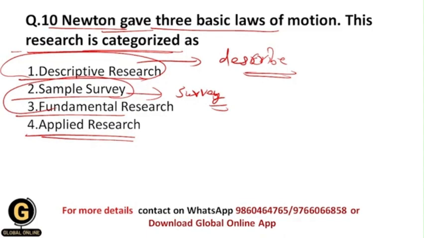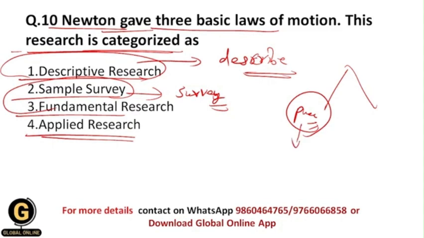So students, thank you for watching this session. I hope all of you understood whatever I have discussed in this video. I have discussed mainly fundamental and applied research, because both of these types of research are opposite to each other. Fundamental research is pure research, and with this research we want to enhance our knowledge.